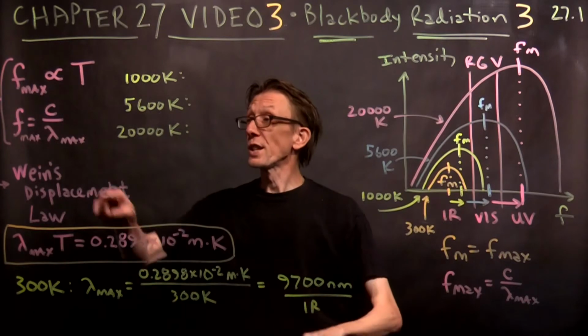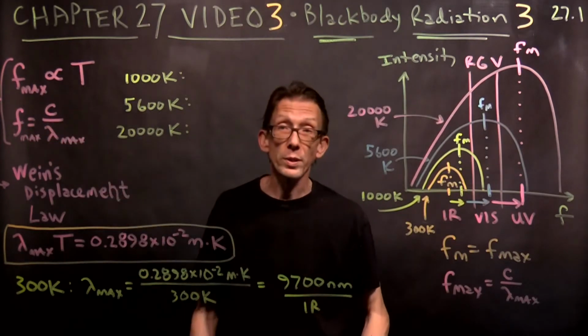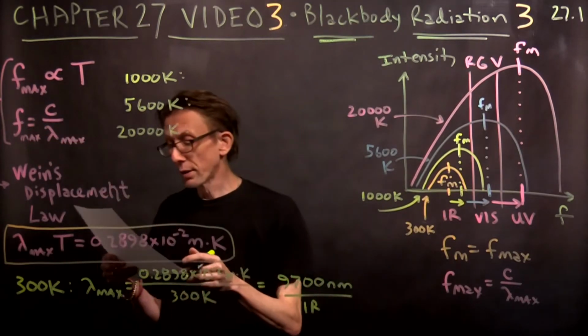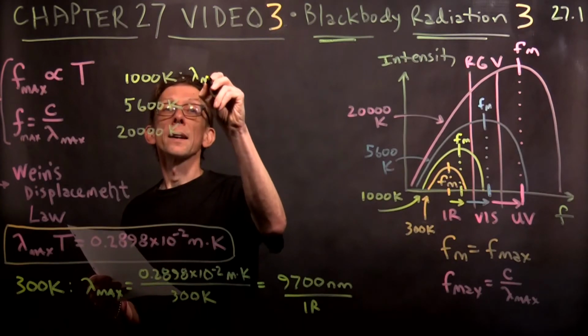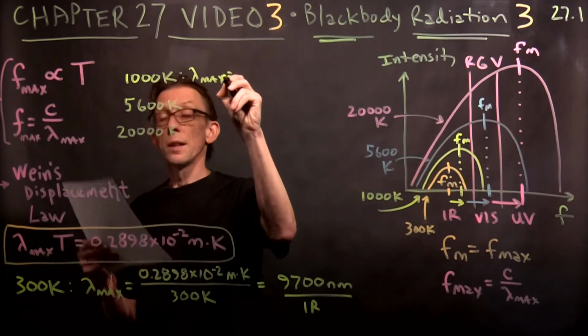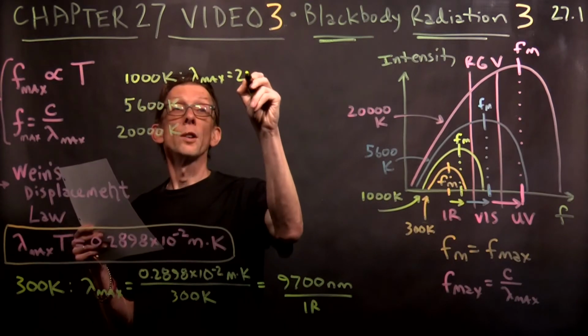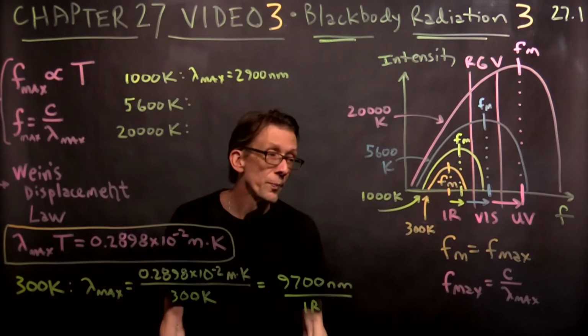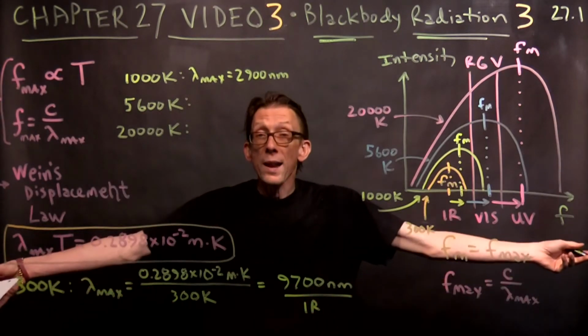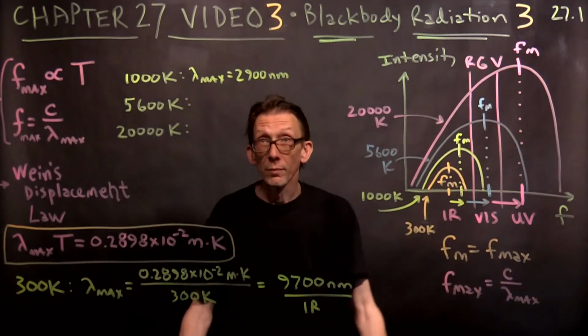But if the frequency goes up, the wavelength goes down. So at 1,000 kelvins, lambda max equals 2,900 nanometers, which is still outside the range of visible light, right?